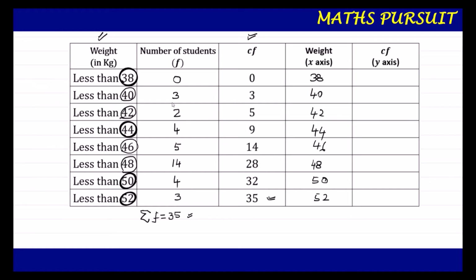So these are the numbers that we are going to consider on our x-axis. That means our x-axis represents the weight of the students, and on the y-axis we are going to consider all the numbers in the cumulative frequency column.